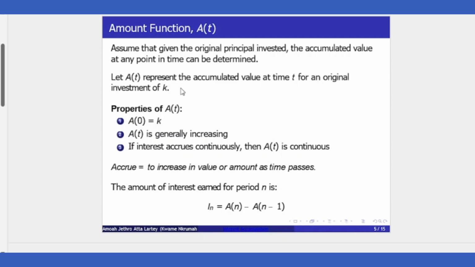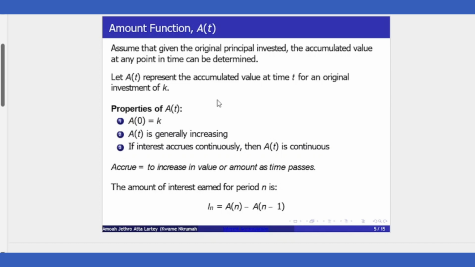Let's use some values: I'm holding 100 cedis today, and I've not invested it. That's at time 0. What am I holding? 100 cedis. So the amount function at time 0 is k, the amount you've invested, the original investment. And then we see the amount function is generally increasing.